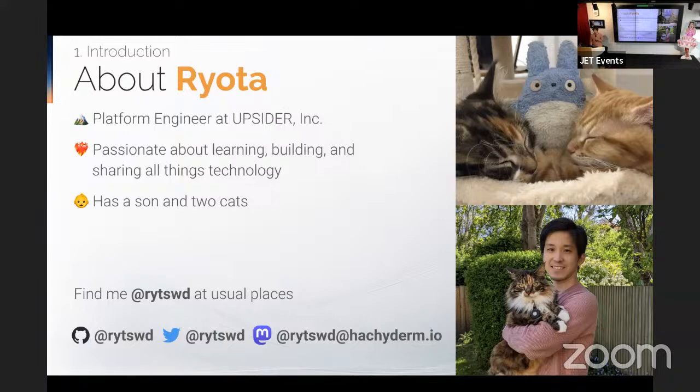I'm passionate about learning, building, and sharing all things technology, and that's why I'm here to share my learning from using Crossplane and GitOps. And I have a son and 2 cats, and you can see quite a few cats over my slides. The top right picture is what I use for my profile all over the place. You can find me at the usual places with RYT SWD, which is my full name without vowels.